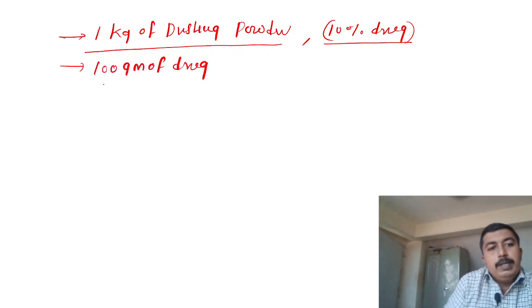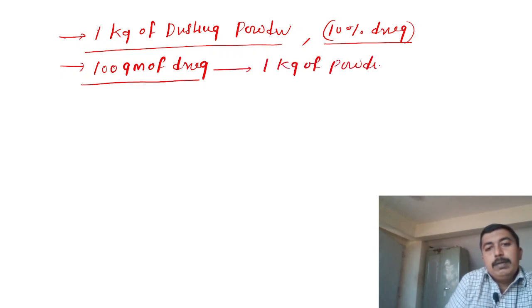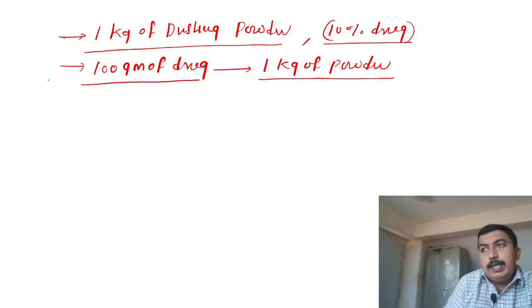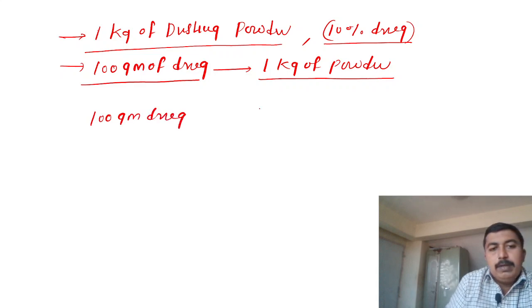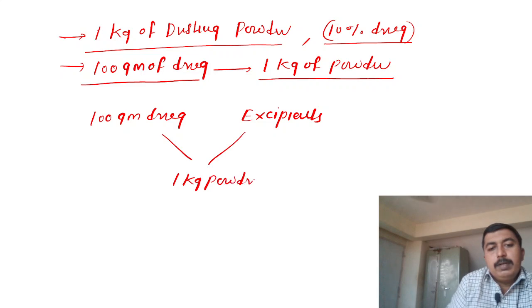Means 100 gram of drug we have to add in how much powder? In 1 kg of powder. Means 1 kg powder contains 100 gram of drug. So now simply what I will do, I will just mix 100 gram of drug with excipients, then you will get 1 kg powder.